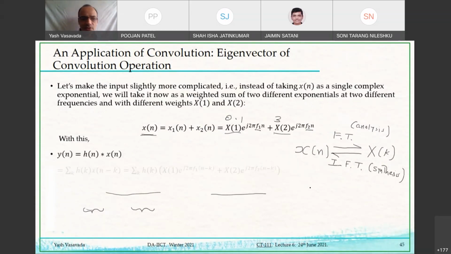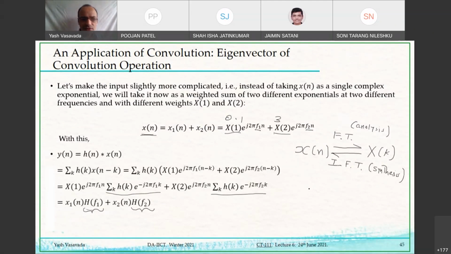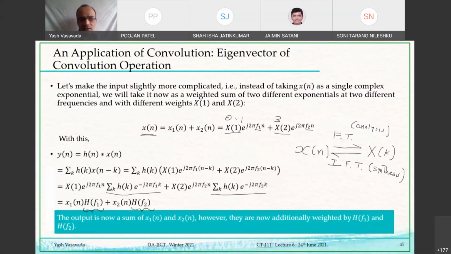What I would like you to think about is that because of the convolution, what happens to those weights? They are amplified. They become multiplied with h of fk. So Harsh is correct.